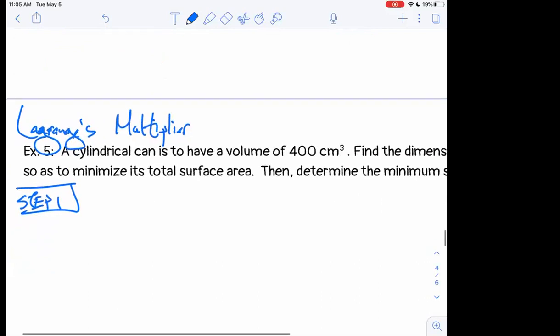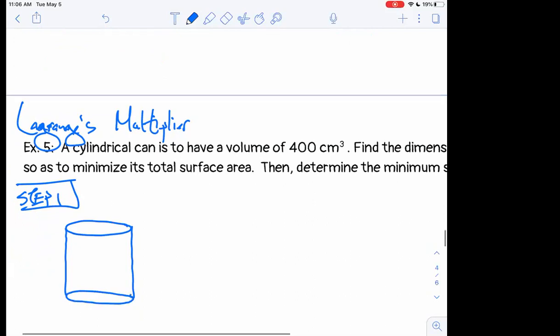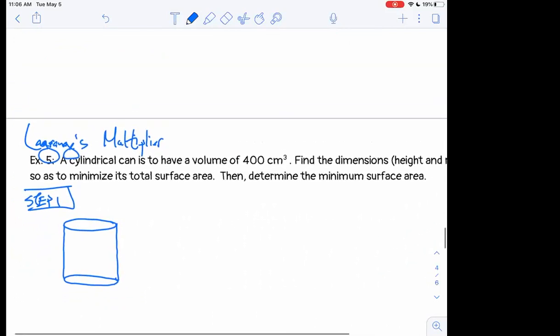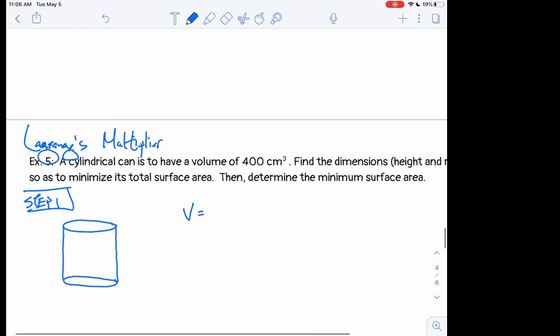It's really important to know our vocabulary here too, right? We're not looking at an ice cream cone, that would be a cone. We're looking at a cylinder, so more like the ever elusive toilet paper tube. All right, so we've got a cylinder can. And this can has a volume of 400 cubic centimeters.